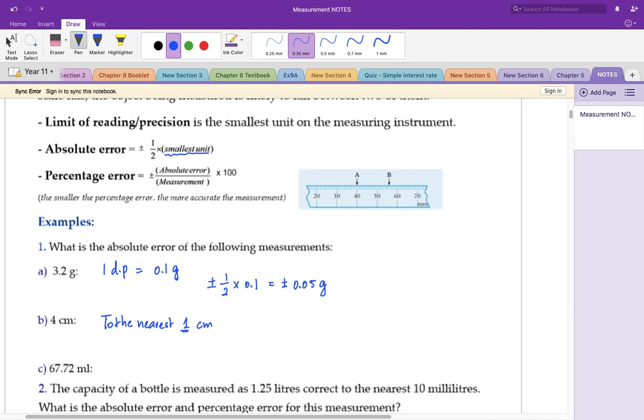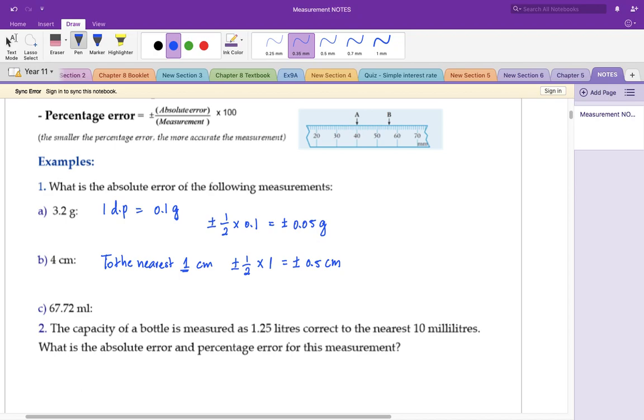So this is actually the smallest unit. So what you do is plus or minus a half, that's the same in every single question, times the smallest unit. In this case, it's 1. So you're plussing or minusing 0.5 centimeters from the original answer. So it gives you a ballpark of what the actual length is.